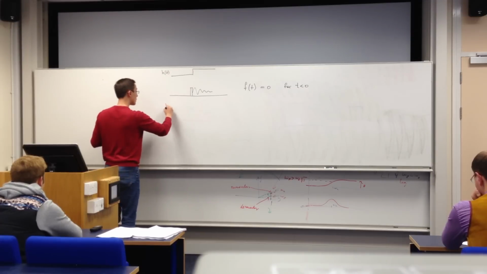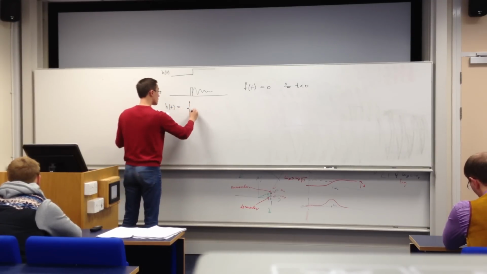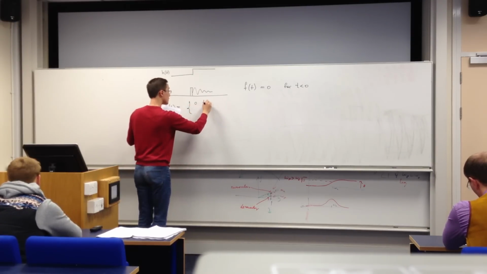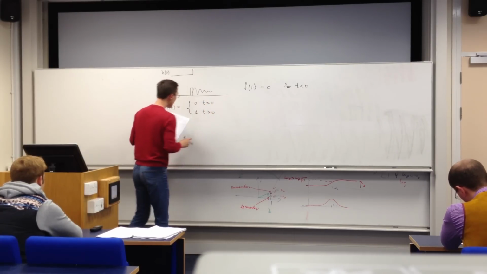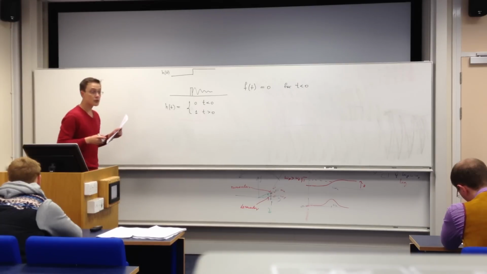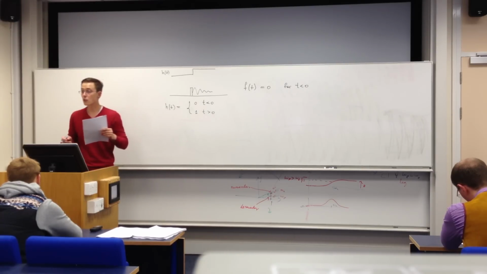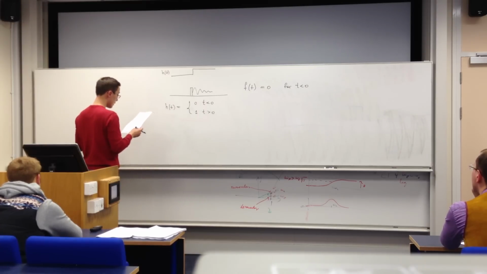So strict definition is h of t, the Heaviside step function, is 0 for t less than 0, 1 for t greater than 0, and it is undefined at the 0 position, although of course you know that Fourier series often converge to midpoints for this continuous function, so that can be used to define it.